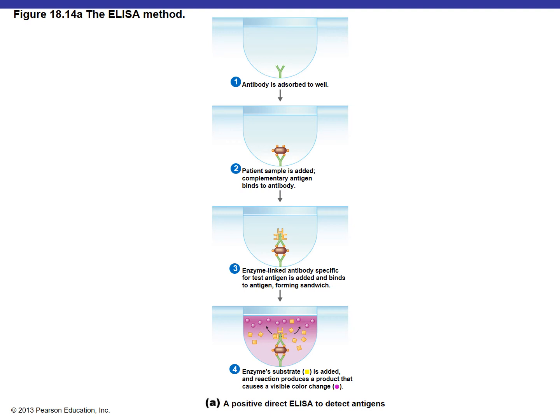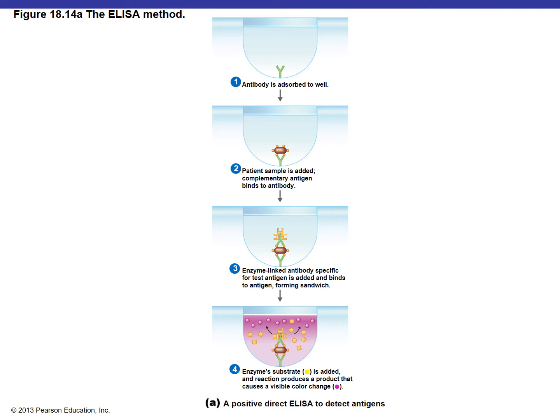That washes away, and then in the next step, you would add this colorless substrate, and if the antibody with the enzyme is present, the enzyme will turn the colorless substrate a color.